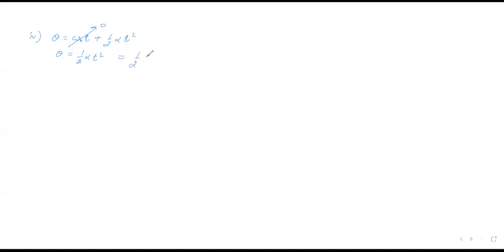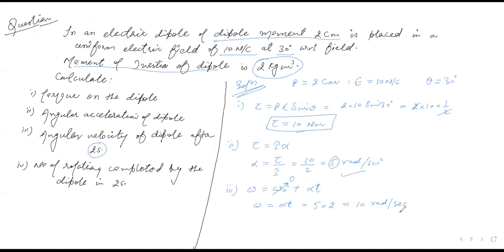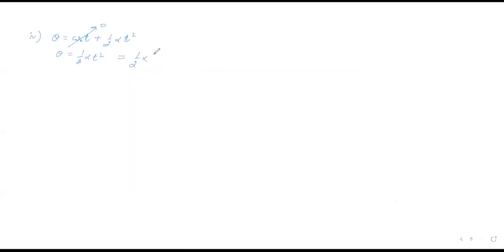Alpha is 5 and t is 2 seconds, given here. It will be 2 into 2, and the half is cancelled with one 2. You get theta is equal to 5 into 2, which is 10 radian.